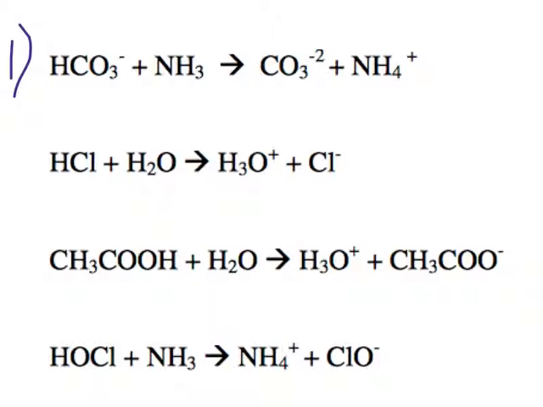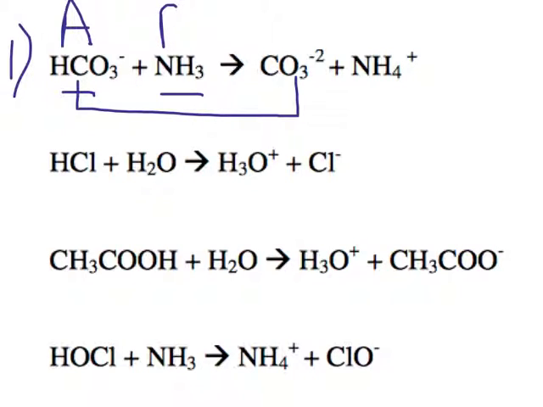Which one of these two has donated a proton? The answer is this one right here. It donated a proton and became CO3 2-. This one, on the other hand, is our base because it accepted that proton and became NH4+.